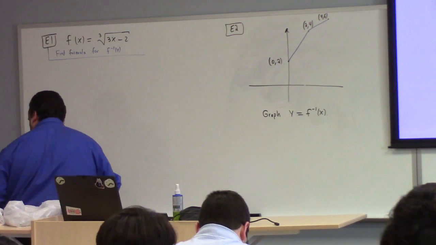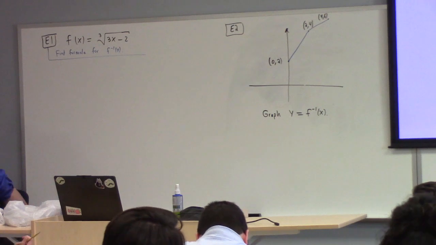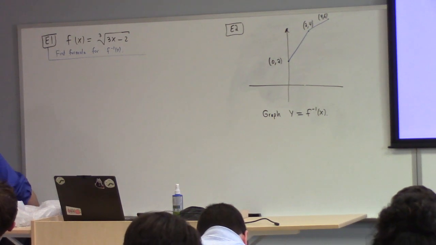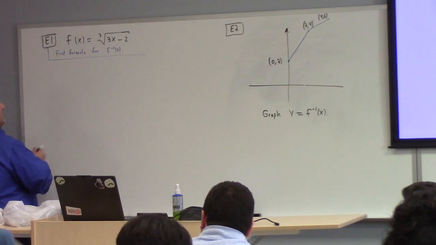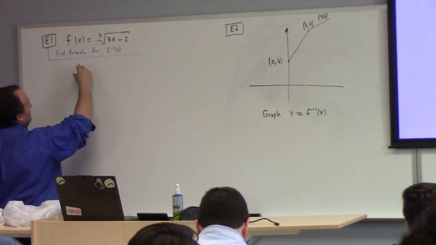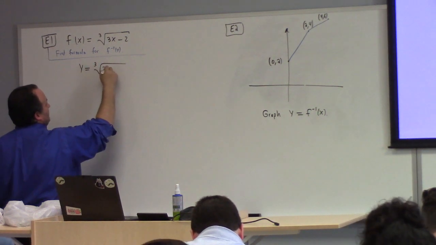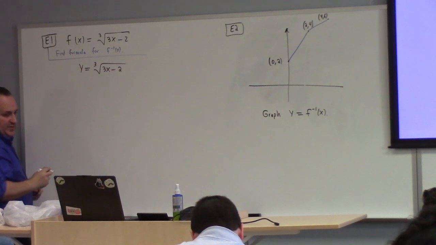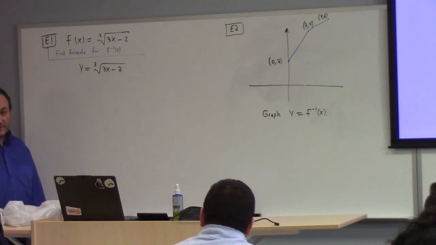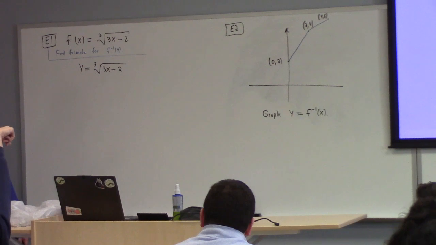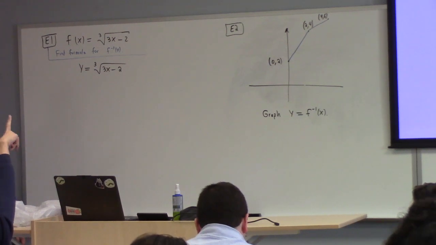Let's do these problems. So, example 1. We have y equals the cube root of 3x minus 2. Now, if I want to find the formula for the inverse, what do I do, Michael? You need to raise both sides to the power of 3.